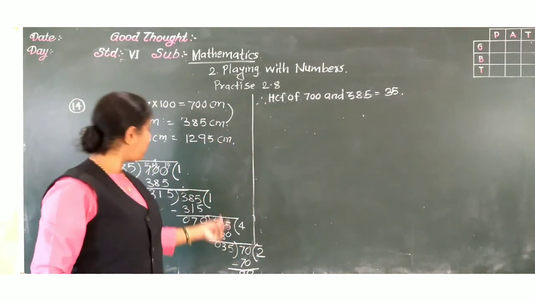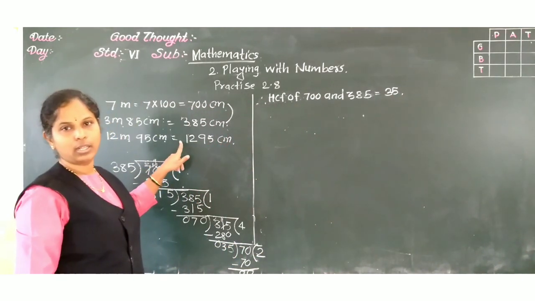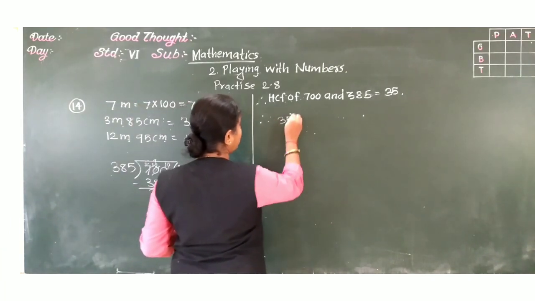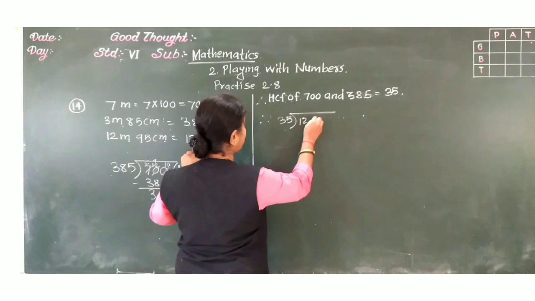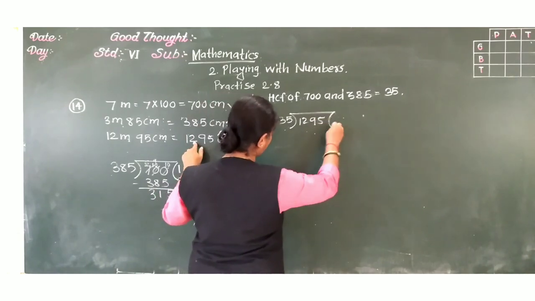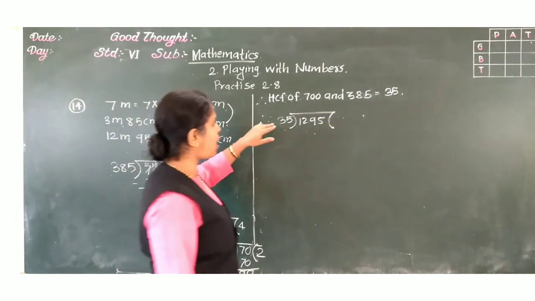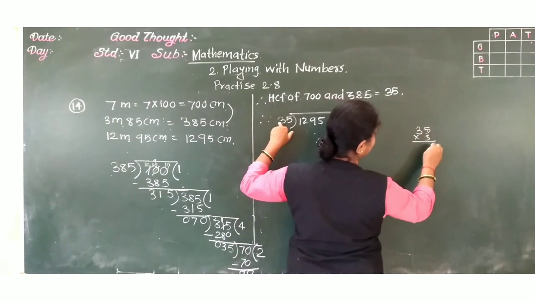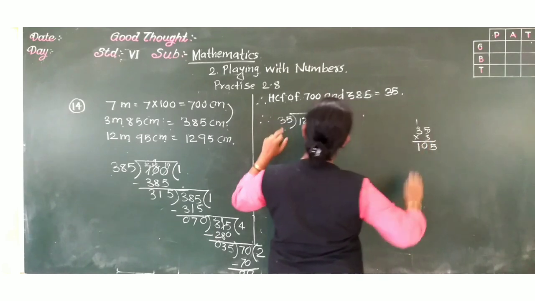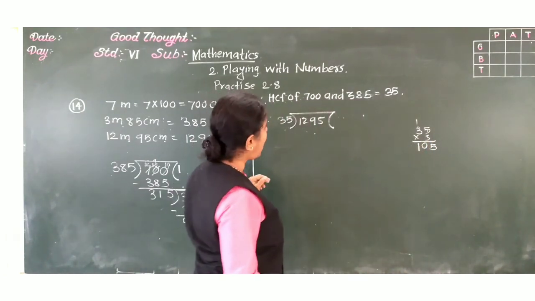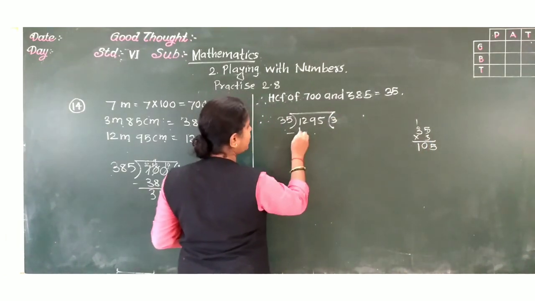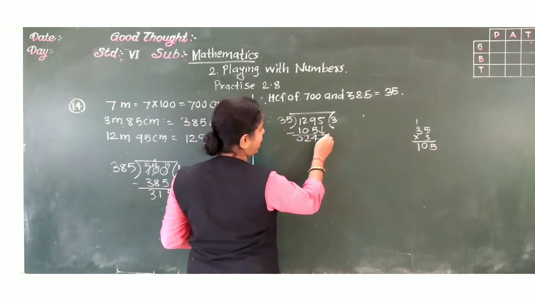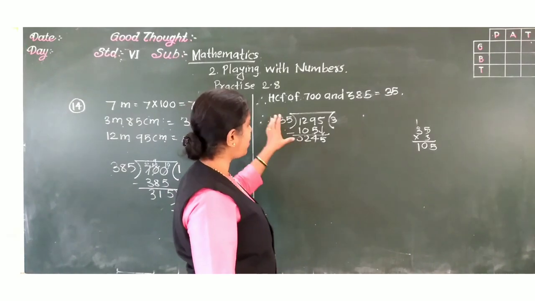Now with this HCF we have to divide the third number. Therefore, 35 and this is 1295. 35 threes are 105. 9 minus 5, 4. Take this 2 as this and take 5. Then 245, no?